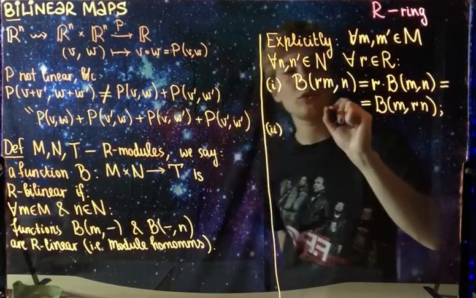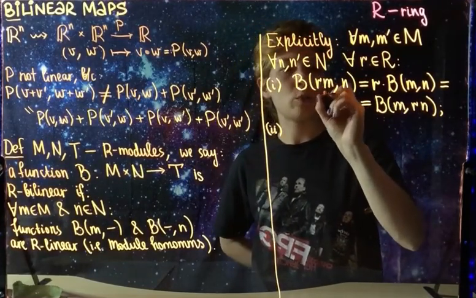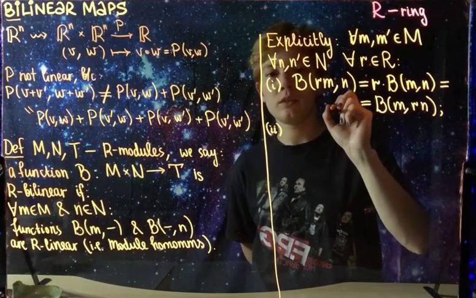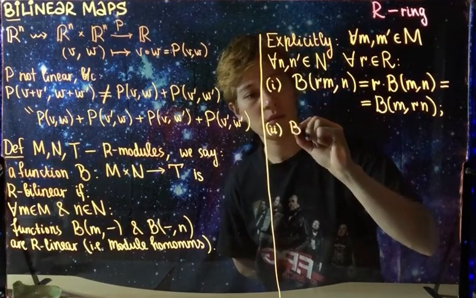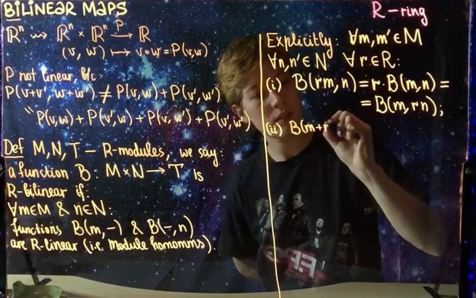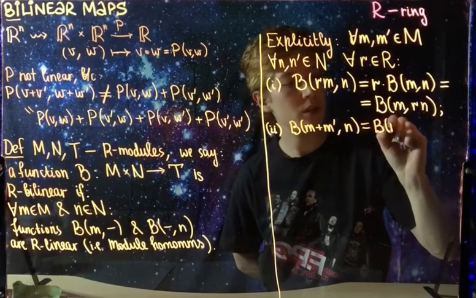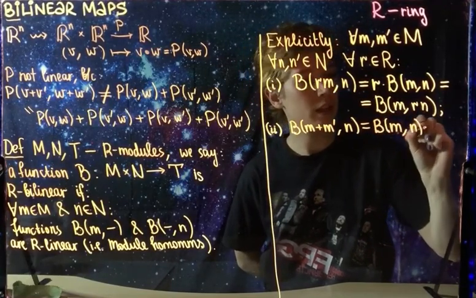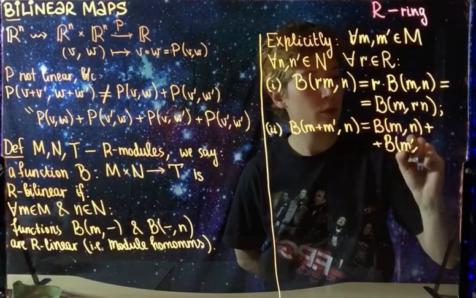And B should also be additive in both entries. So B of (m plus m prime, n) is equal to B of (m, n) plus B of (m prime, n).